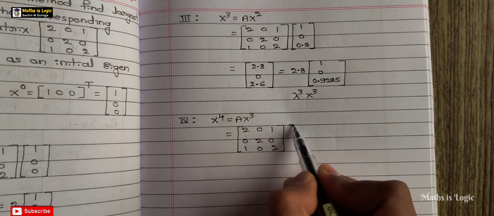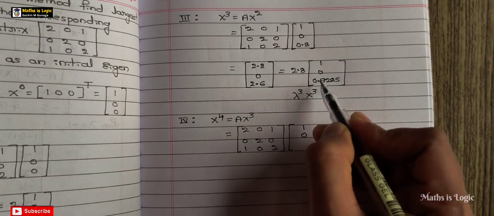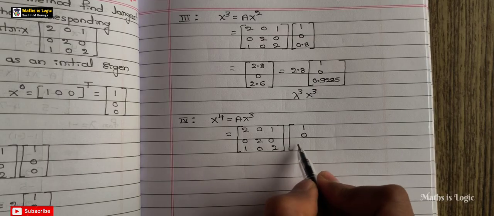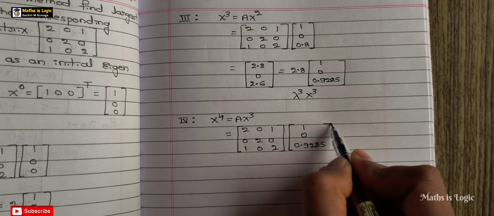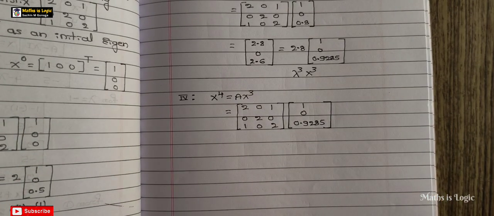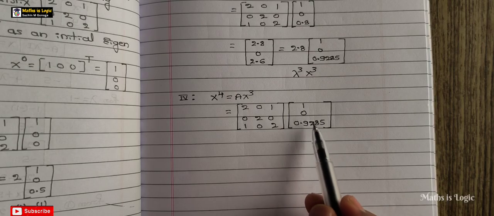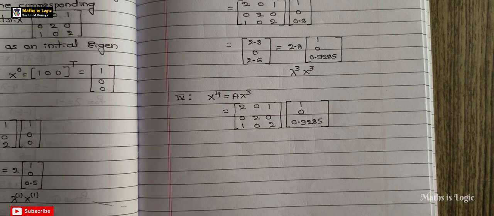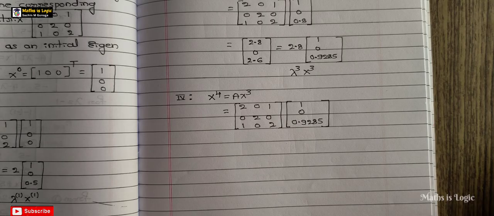What is the x3 value? 1, 0, 0.9285. Again A is common, only the second matrix is changed. Therefore we need to add the second matrix in the calculator.